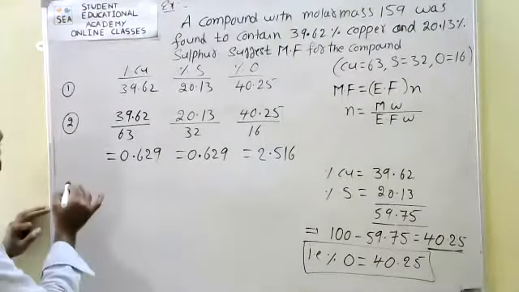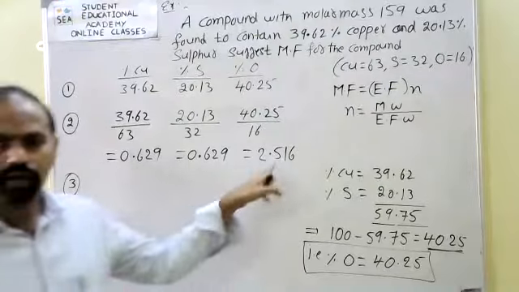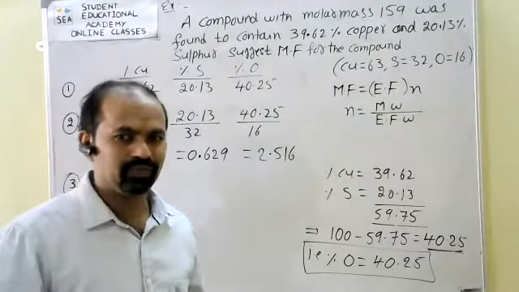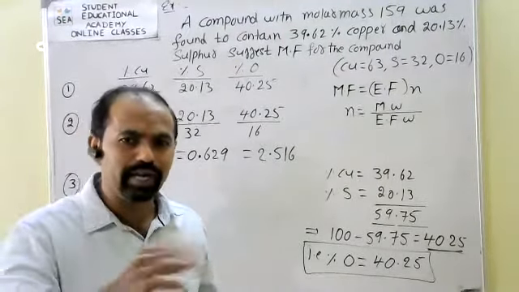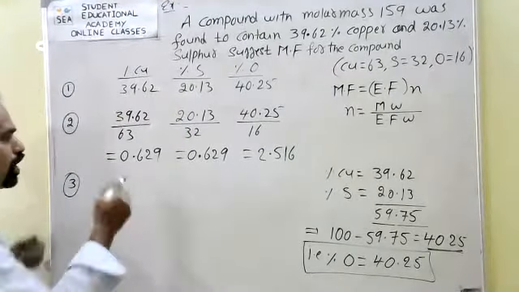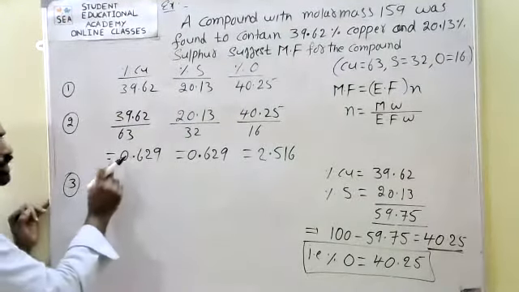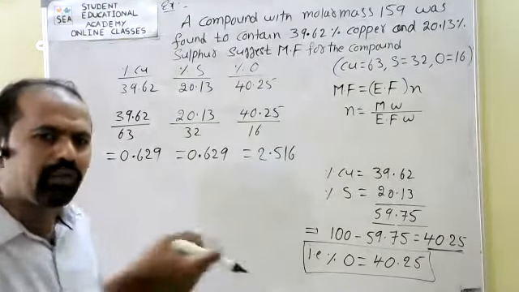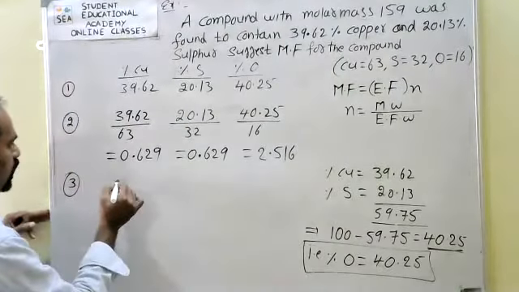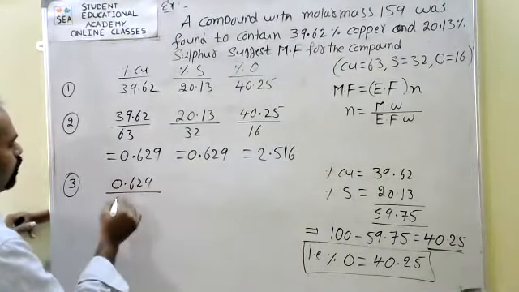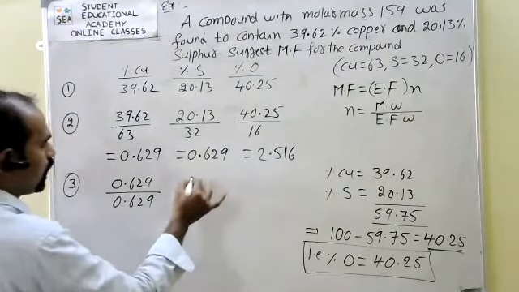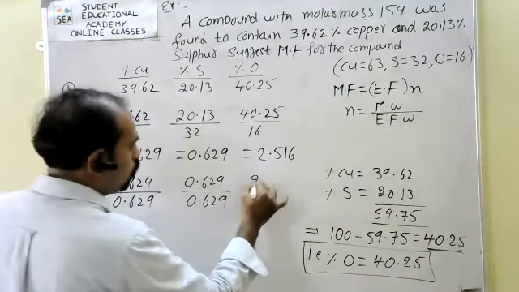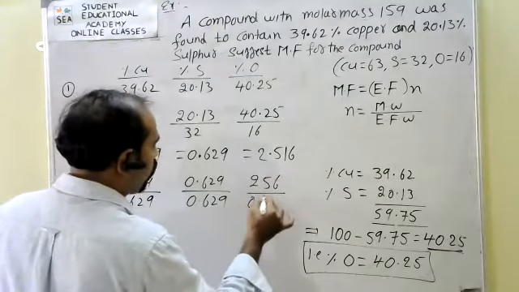Now step 3: out of these values, which is the smallest? By using that value, divide all the values. Out of these three values, the smallest is 0.629 only, so we divide all the values by it. 0.629 divided by 0.629, again 0.629 divided by 0.629, and 2.56 divided by 0.629.